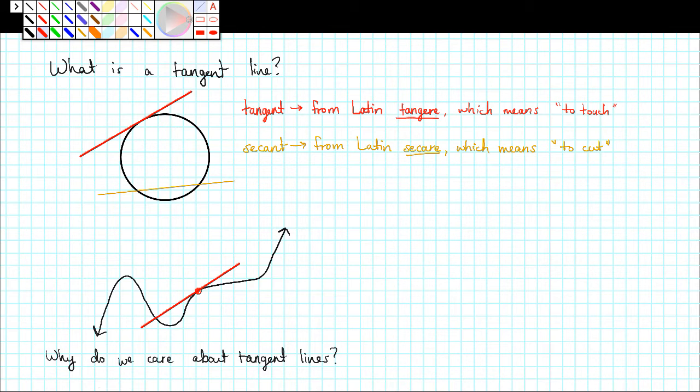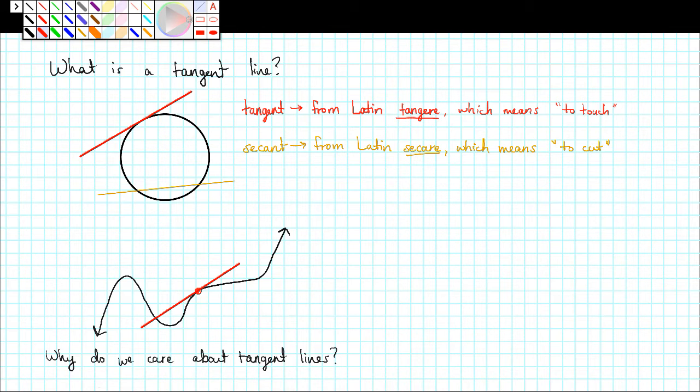And so, in order to answer the question of what a tangent line is, I actually want to go back down to this question at the bottom, which is, why do we care about tangent lines? So, as we're developing our language of talking about functions, which is really a lot of what mathematics is about, we are going to be talking about how to describe many different characteristics of functions.